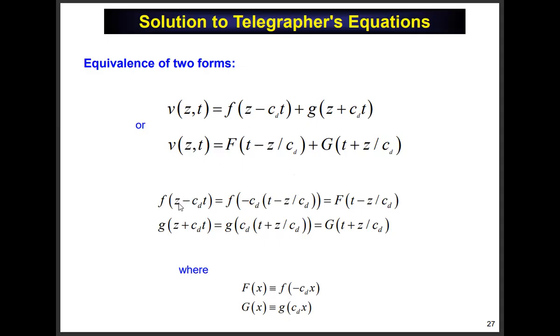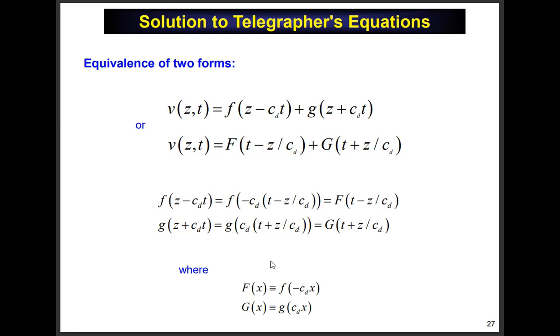Now very simple math. Inside the parentheses, I just factored out minus cd. See that? So this is equivalent to this. And notice when I did that, the important argument that's left is t minus z over cd. That's what I see here. So I'm going to say that's capital F of t minus z over cd.